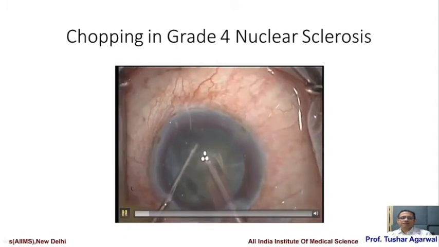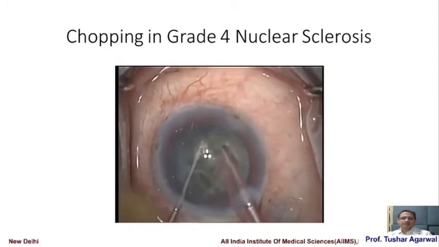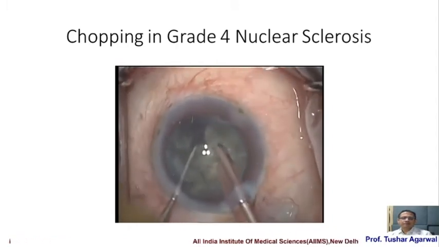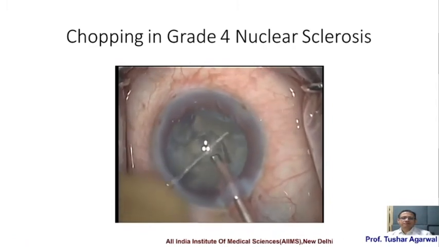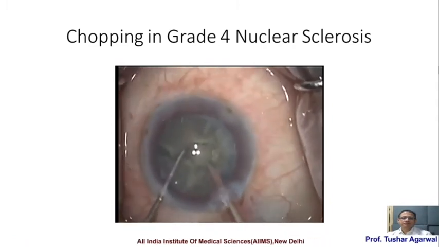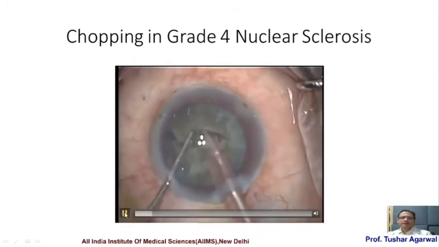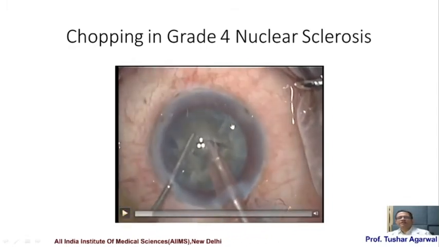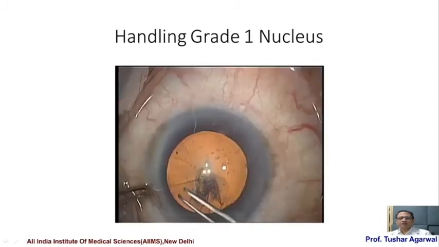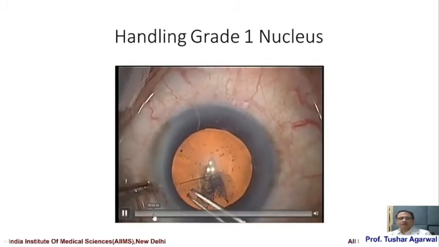So these are mid-peripheral chops. Once you give them, you will find that the center core gets separated. You remove that, and then you can proceed all along the hard nucleus.